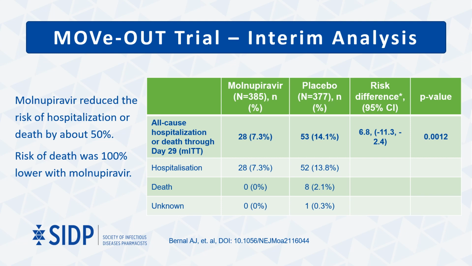Additionally, there were no deaths in the Molnupiravir-treated group and 8 deaths in the placebo-treated group. So the risk of death was 100% lower in those treated with Molnupiravir. It was these data that caused the investigators to halt enrollment and proceed with emergency use authorization application.